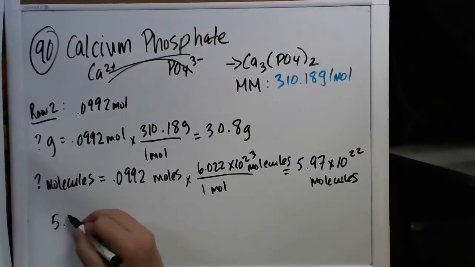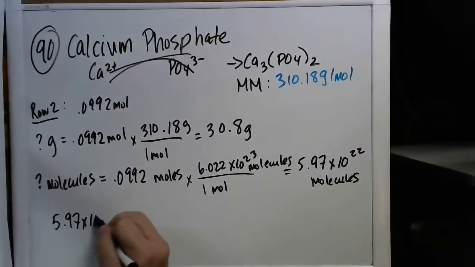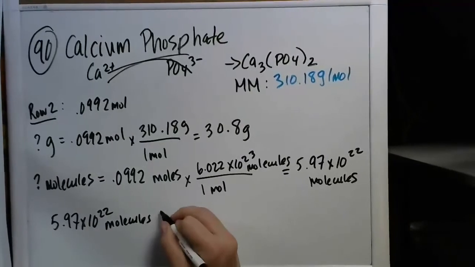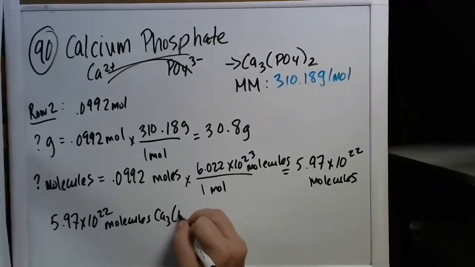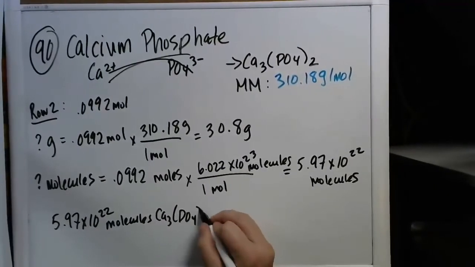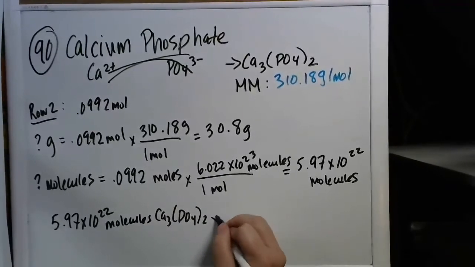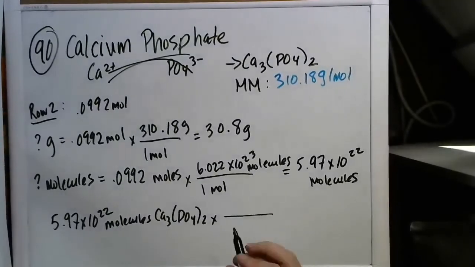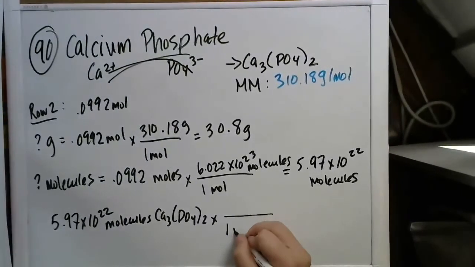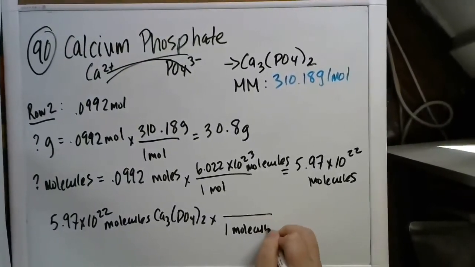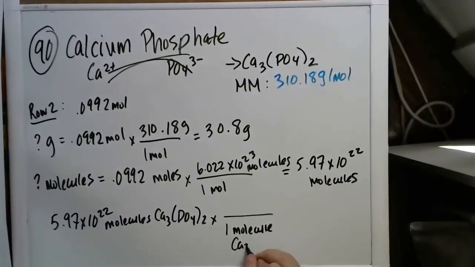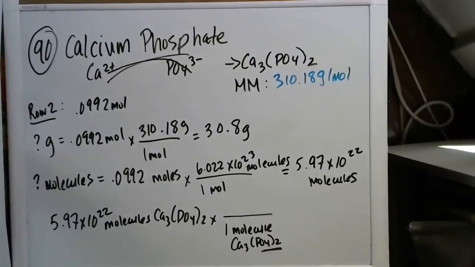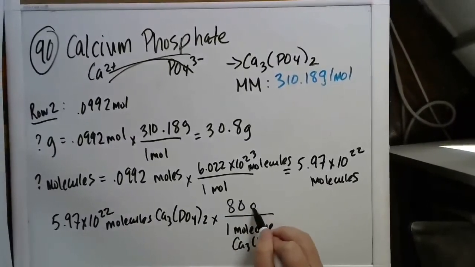So if I know that, Ca3(PO4)2, then I can look at the calcium phosphate formula and I can say, well, in every 1 molecule of Ca3(PO4)2 I've got 8 oxygen atoms.